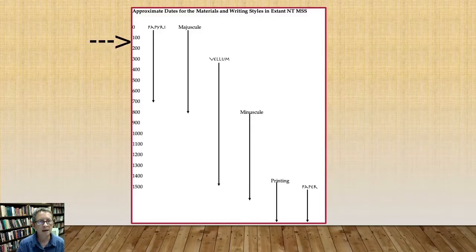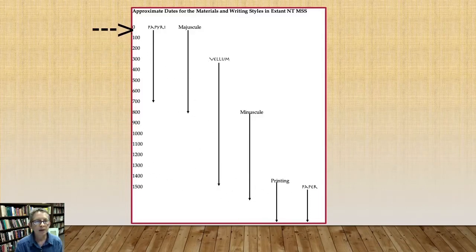This is a timeline for the approximate dates, and of course this could be off by as much as 100 years because we're estimating these sort of things, that different materials were used and different writing styles were used, and that will give these different categories their names. You'll notice that I used a different font here for papyri, vellum, and paper.